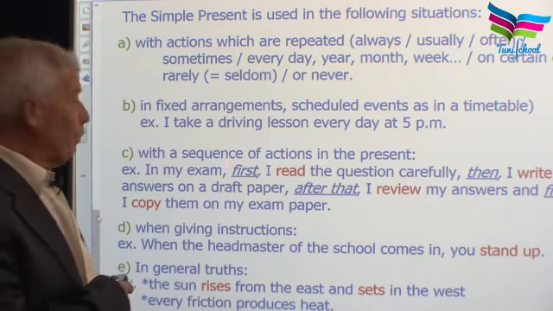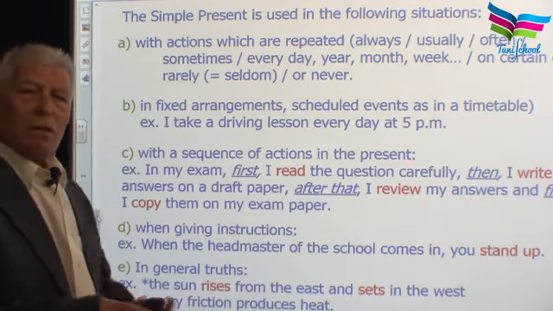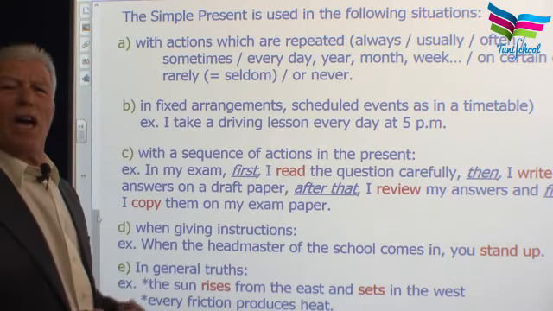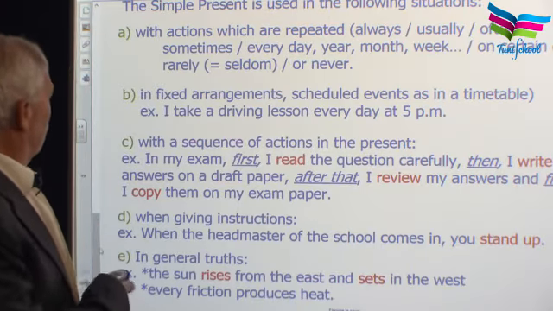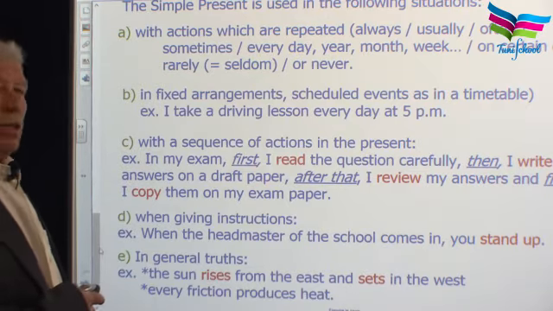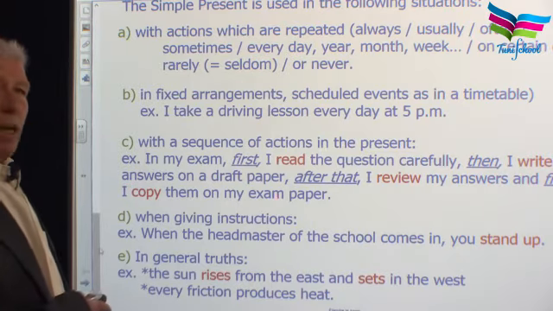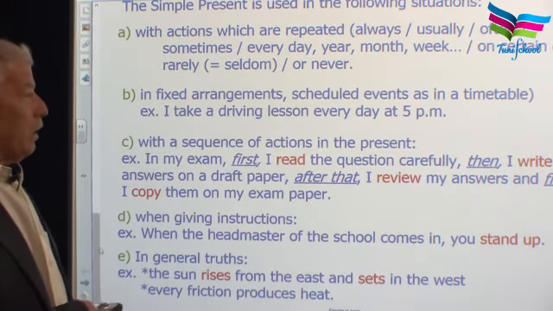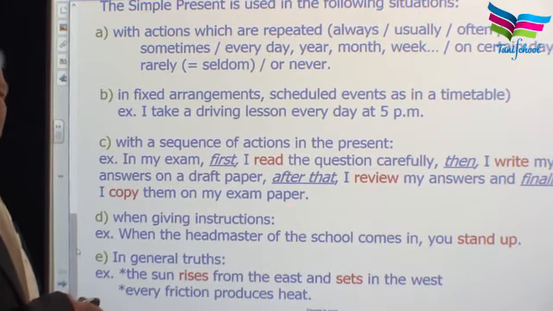C, with a sequence of actions in the present, actions which follow one after another. Example, in my exam, first, I read the question carefully, then I write my answers on a draft paper. After that, I review my answers, and finally, I copy them on my exam paper.